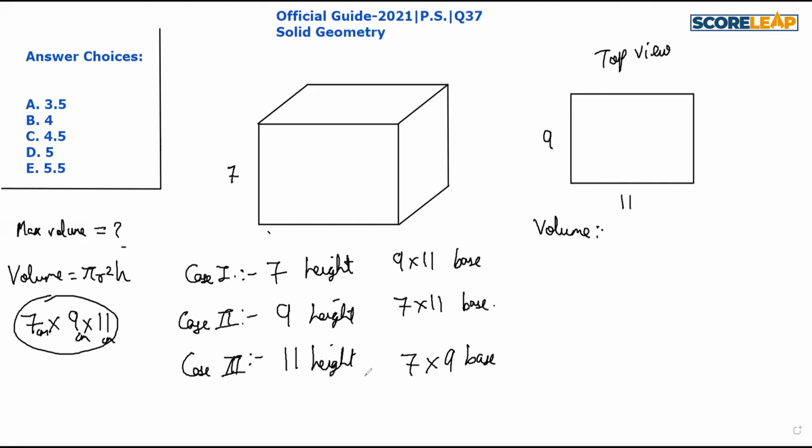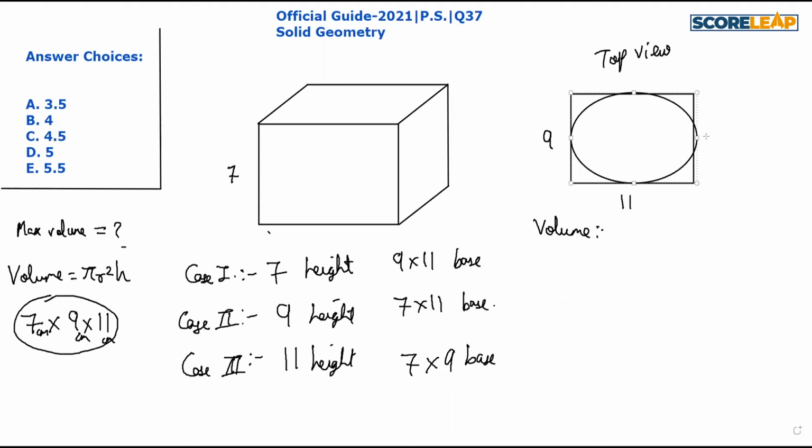Let us go by the first case, where 7 is the height and 9 into 11 is the base. If I want to draw the top view of the cylinder, it will look something like this. It won't be like this, because it is a right circular cylinder and it is circular in shape.